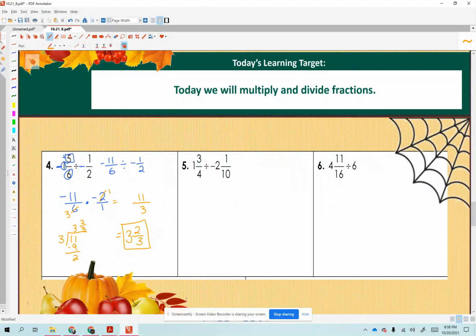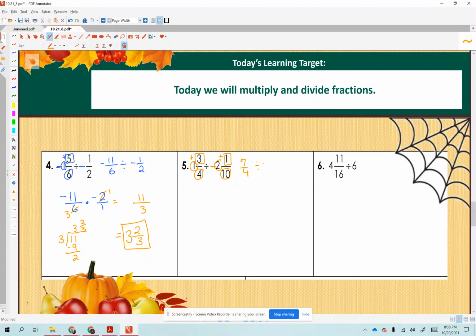We have 1 3/4 divided by a negative again, negative 2 1/10. So let's make our improper fractions. 4 times 1 is 4, plus 3 is 7. So that would be 7/4 divided by 10 times 2 is 20, plus 1 is 21.